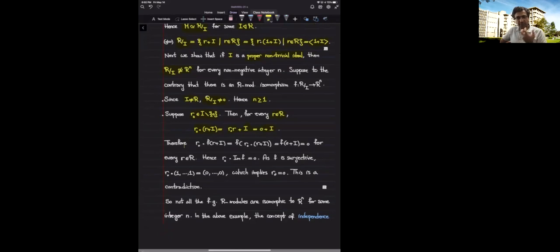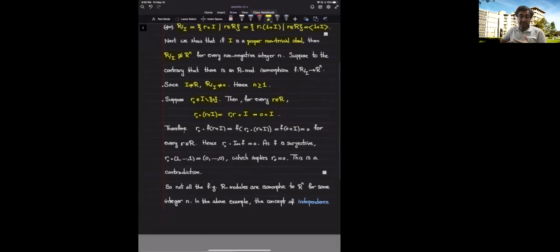So we found a non-zero element of the ring that can kill the entire module R over I. So we say that it annihilates the module. So R over I has an annihilator. In fact, the ideal I annihilates R over I. So no matter what element I pick from the ideal I, it's going to annihilate the module R over I.